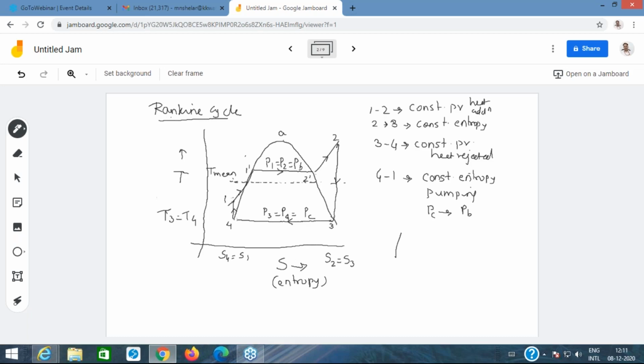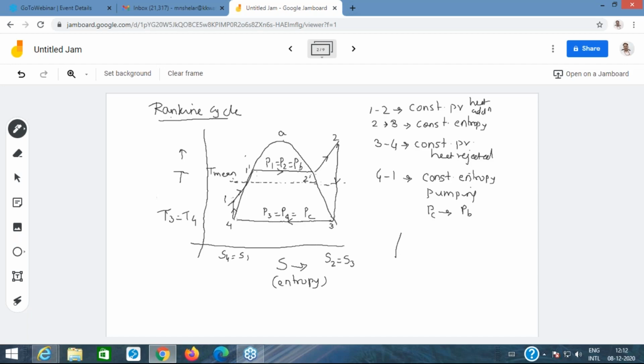So I want to have one single constant temperature representing the actual varying temperatures, where the temperature is varying from T1 to T1 dash, T1 dash to T2 dash, T2 dash to T2. Instead of that, I want this constant temperature to be defined.